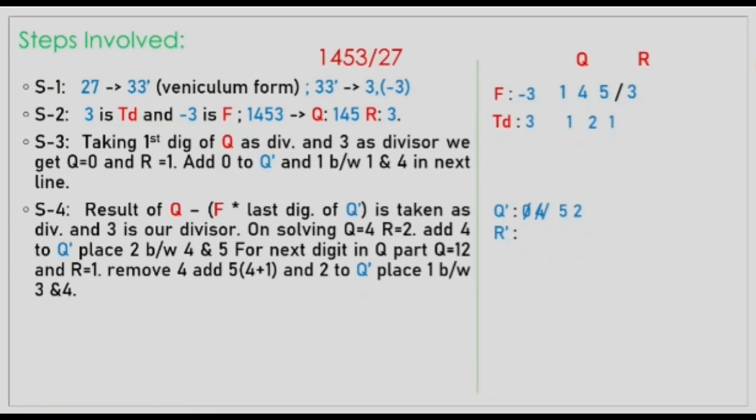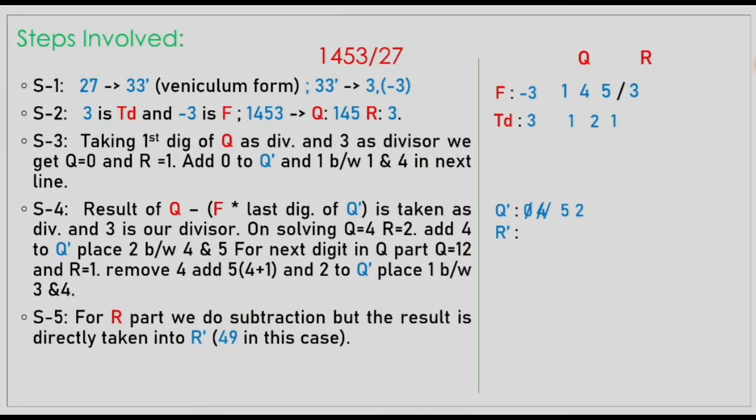So let's look at the fifth step. For our part, we do the subtraction, but the result is directly taken into r dash. It's not taken as dividend and no division as such is made, but rather it's just directly added to r dash. So -3 into 12 will give us -36, as we got 12 in our previous division calculation, and -36 subtracted from 13 will give us 49.